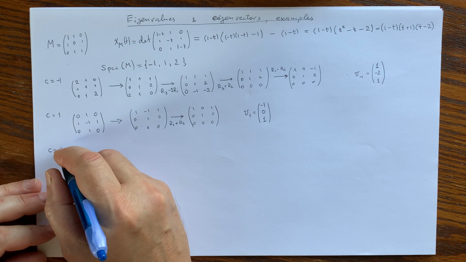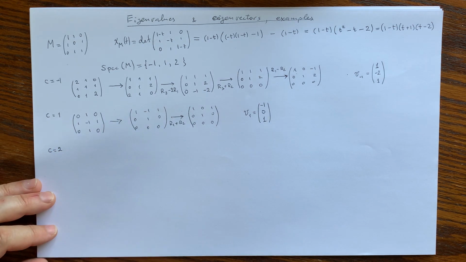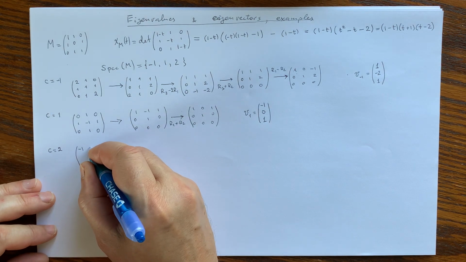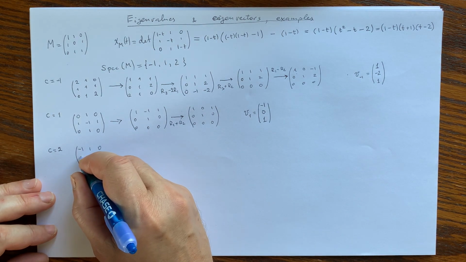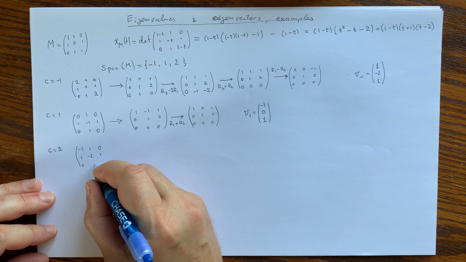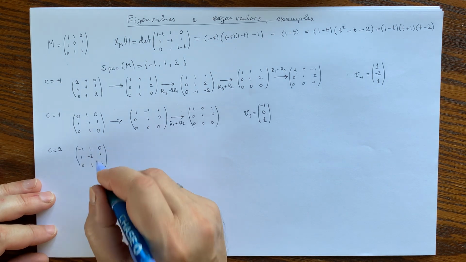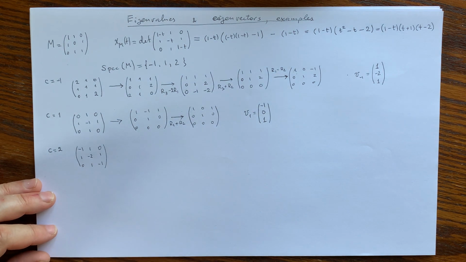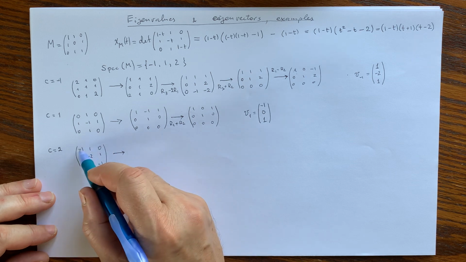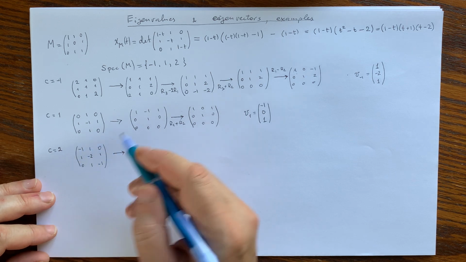And the last eigenvalue is 2. Subtracting it from the diagonal, we will have this matrix. And again, it should be singular. It's not that apparent anymore, but okay, again, let's put the last to the first row.